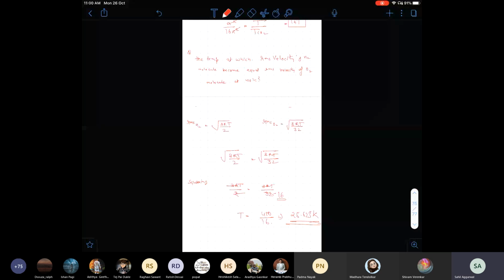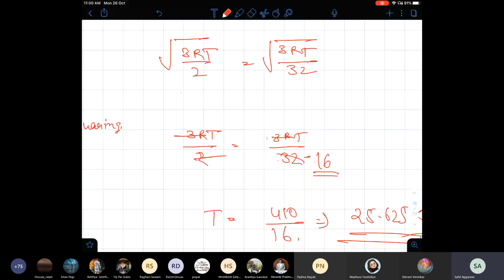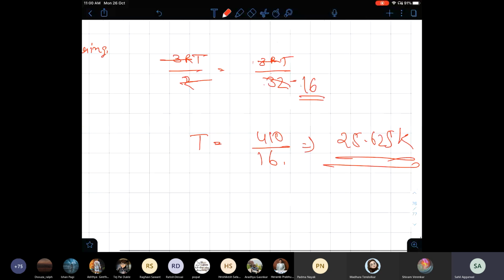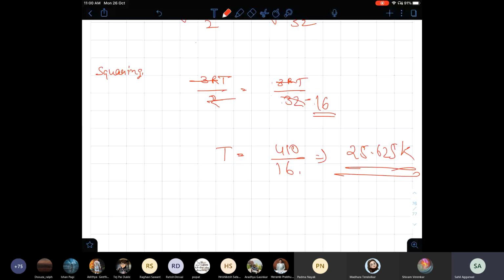Padma, yes, it will be that only. I was thinking that only क्योंकि options में नहीं था. ये 300 केल्विन था. मैंने गलती से इसको 410 लिख दिया इसलिए ऑप्शन में से नहीं आ रहा है. 300 लोगे तो ऑप्शंस में से भी आंसर मिल जाएगा.